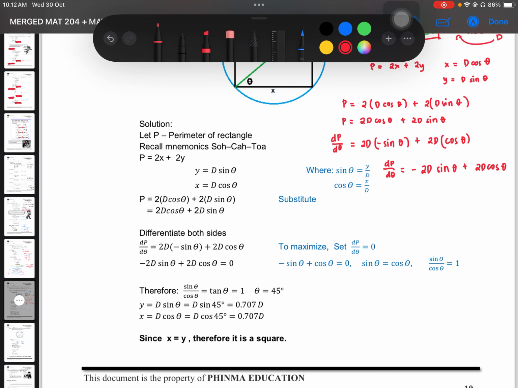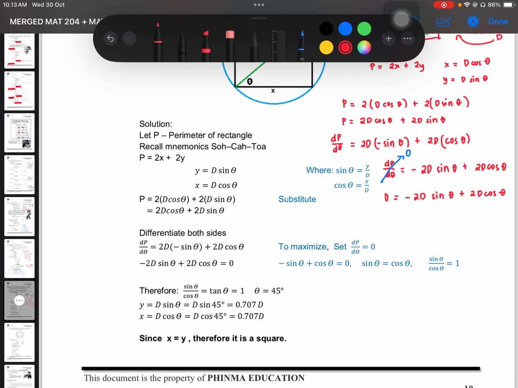So, what do we do here? We said that after differentiating in an optimization problem, we set the derivative to 0. So, 0 is equal to negative 2d sine of theta plus 2d cosine of theta.